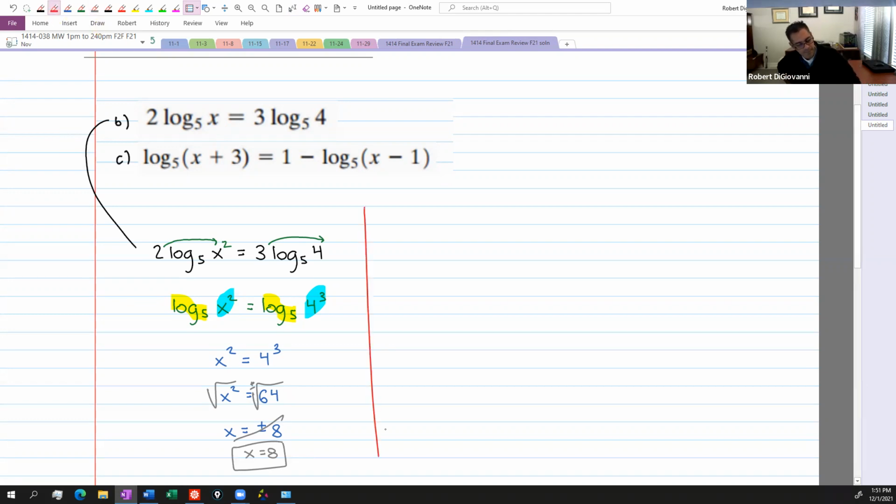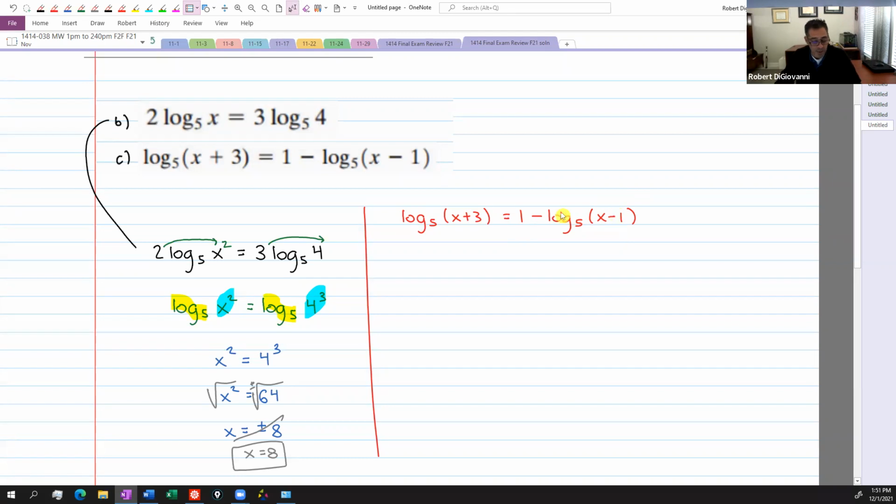And the other one, we have log base 5 of x plus 3 equals 1 minus log base 5 of x minus 1. We cannot do the same thing we did here, where we set the insides equal to one another, because this 1 right here is causing an issue.